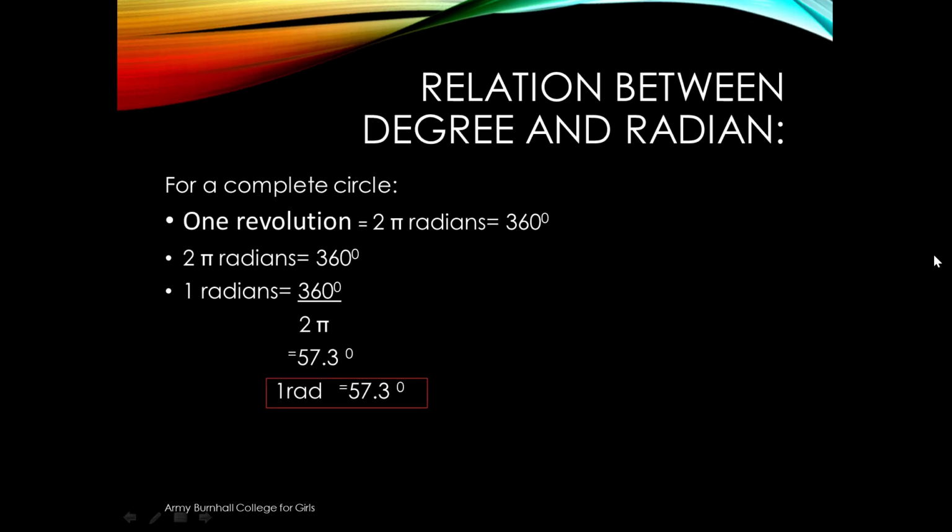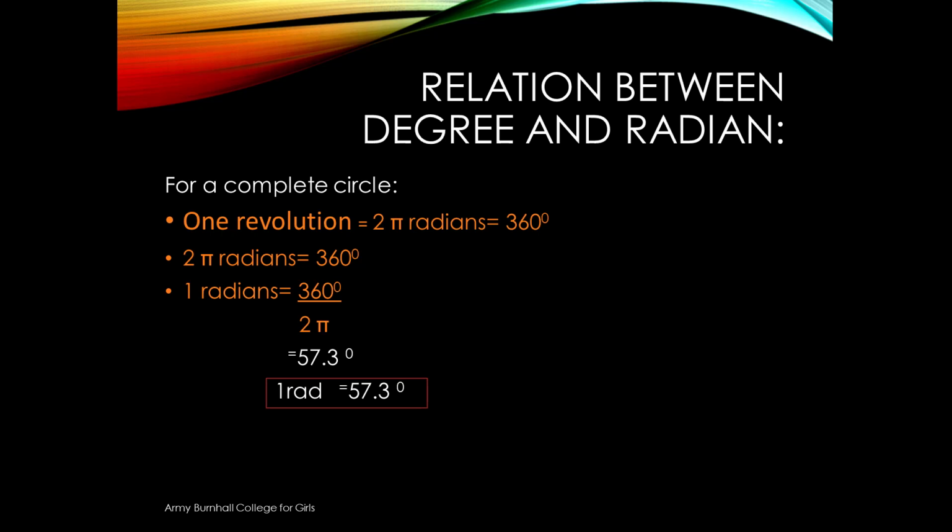But if we compare degree and radian, then a radian is a bigger unit. To find the relation between degree and radian, we know that for a complete circle, one revolution is equal to 2 pi radians, which is equal to 360 degrees. So we can say that 2 pi radians is equal to 360 degrees. If we divide both sides by 2 pi, we get 1 radian is equal to 360 divided by 2 pi.